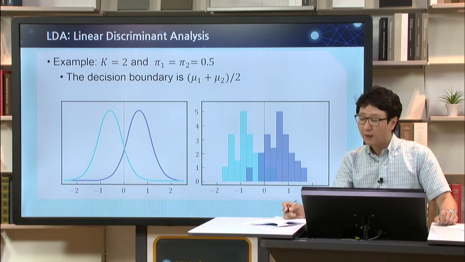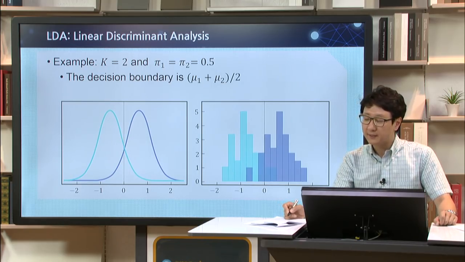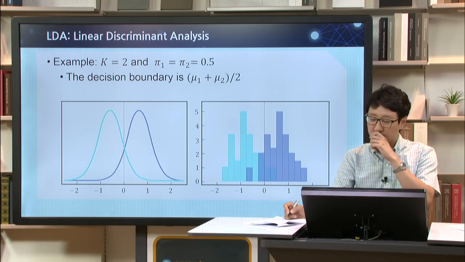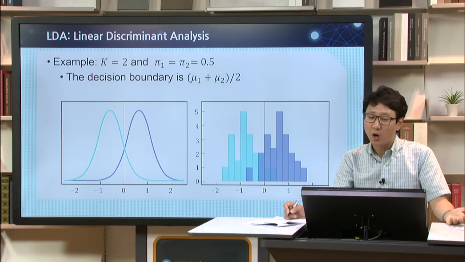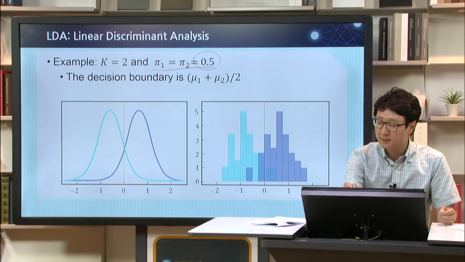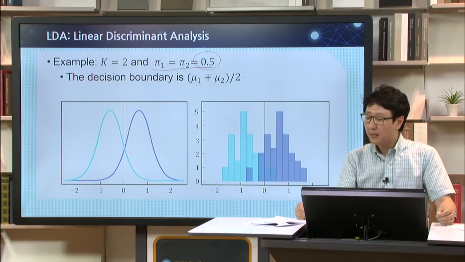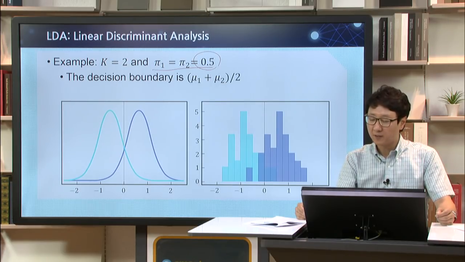Here is an example. Let's consider two-class classification with K equal to 2. The prior probabilities are assumed to be equal at 0.5. Then we need to compare two discriminant functions.